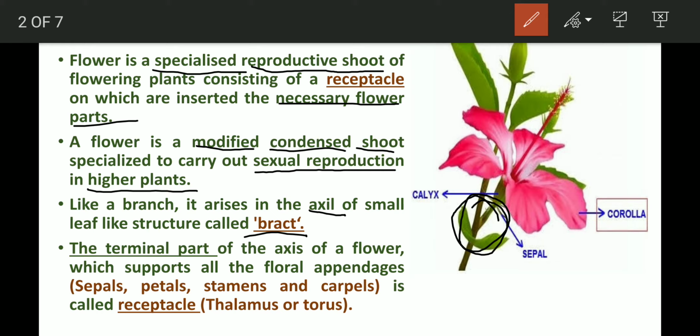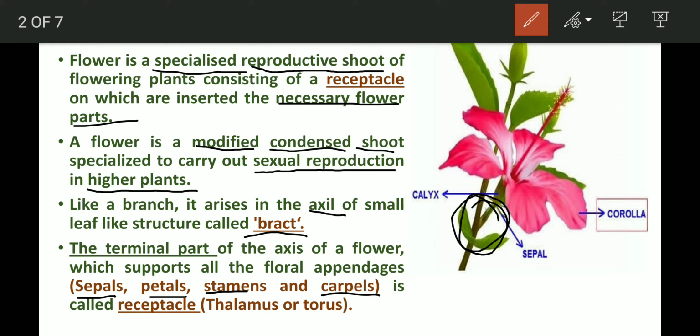The terminal part of the axis of the flower, that is the receptacle, supports all the floral appendages. These are the flower parts: sepals, petals, stamens, and carpels.